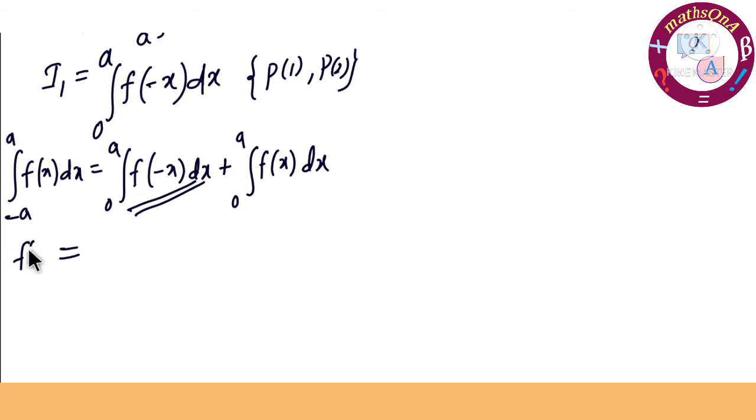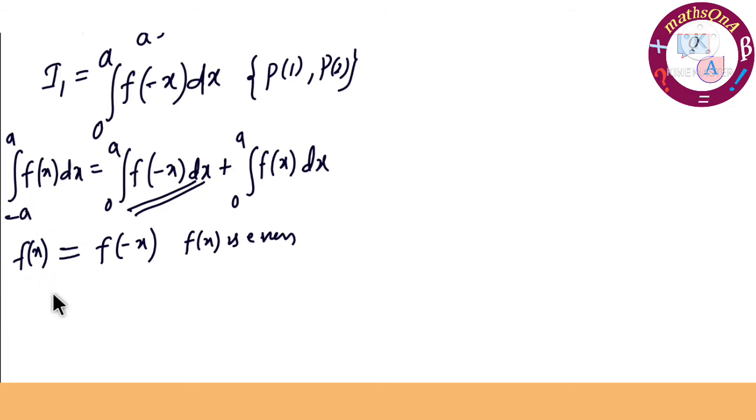If f of x is equal to minus f of x, that is... sorry, when f of x is even. Okay, if it is even, then f of minus x becomes plus f of x.